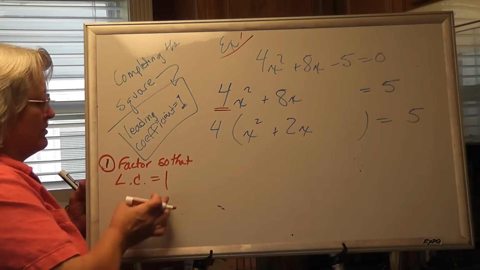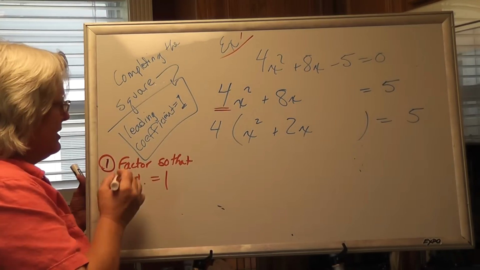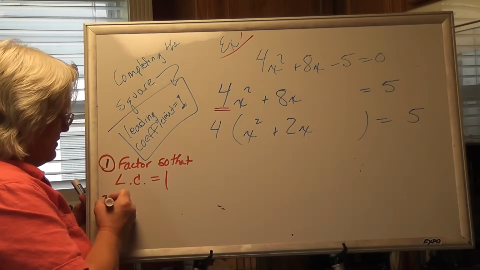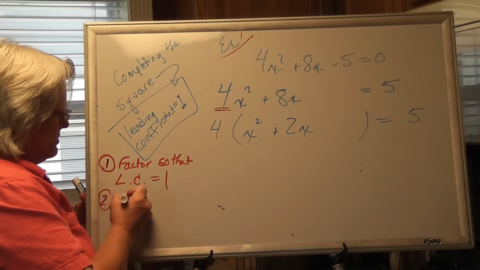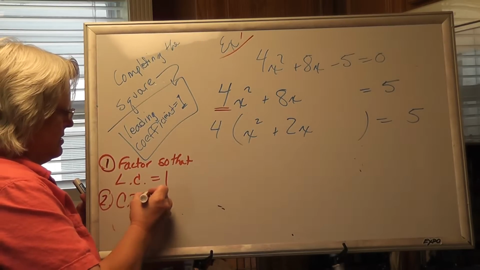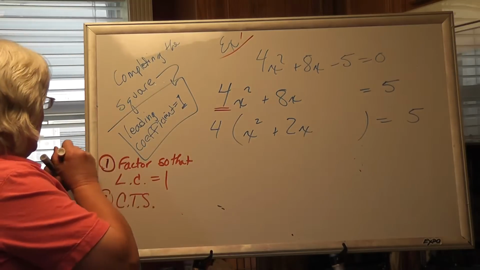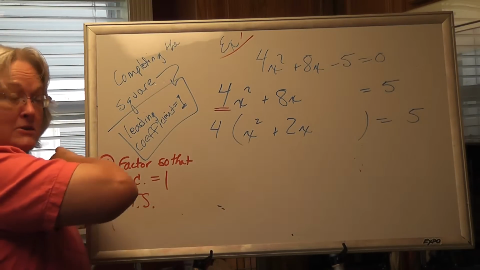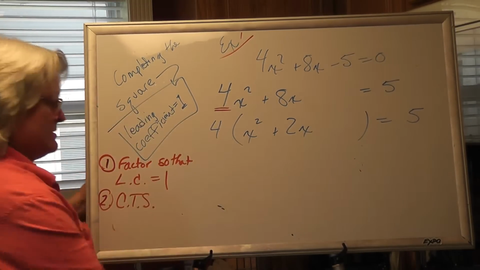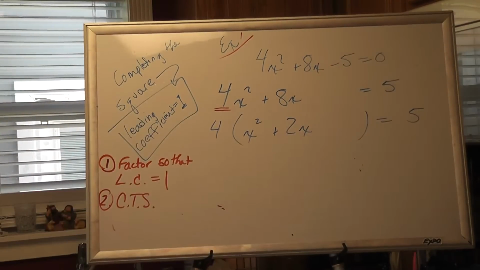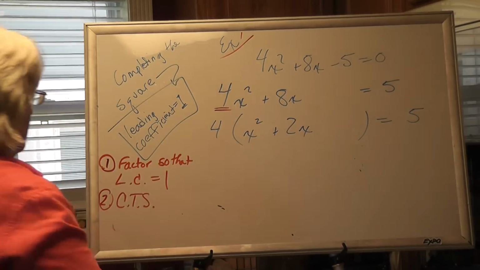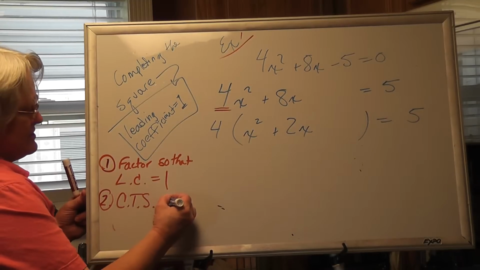First, you have to factor so that the leading coefficient is 1. And second, you have to complete the square inside the parentheses.